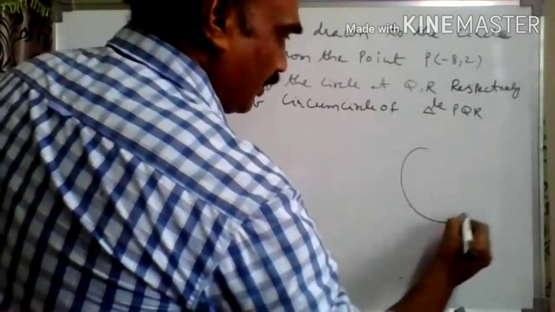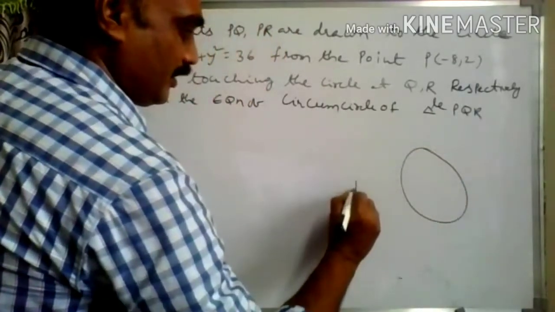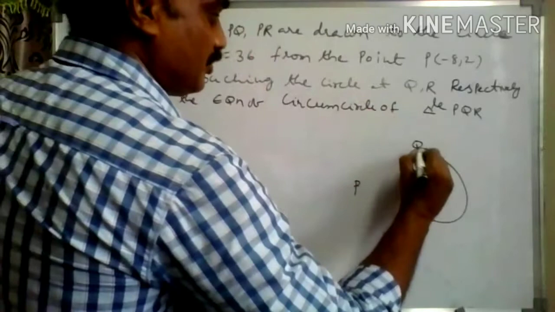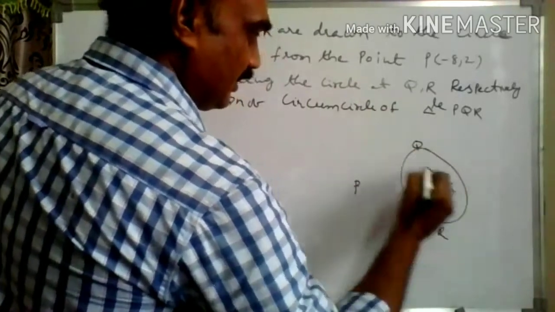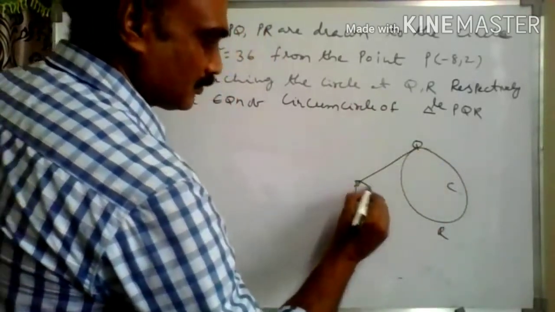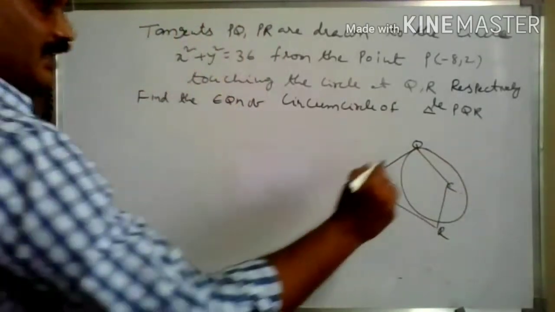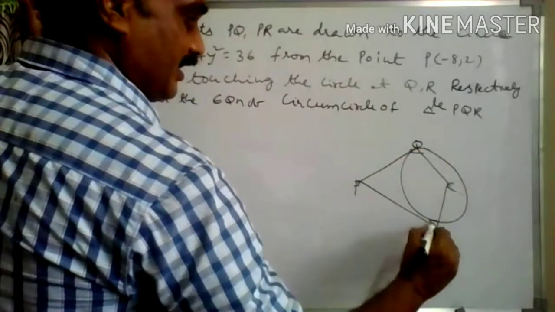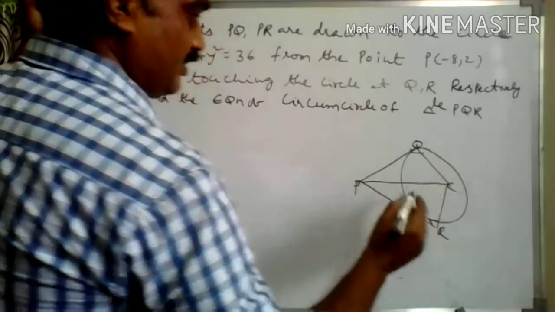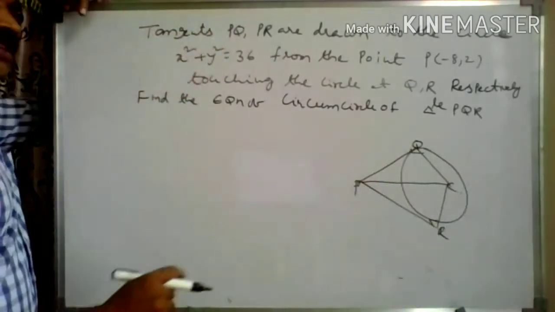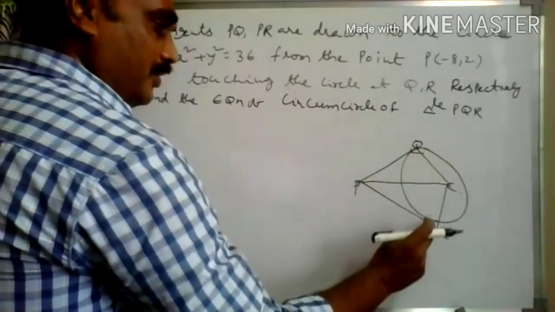So from external point, here point P is external point, touches a circle at Q and R. This is a center. Okay, students, here angle is 90. Here angle is 90. This is a common side, students. So these two are opposite angles. Sum of opposite angles is 180.